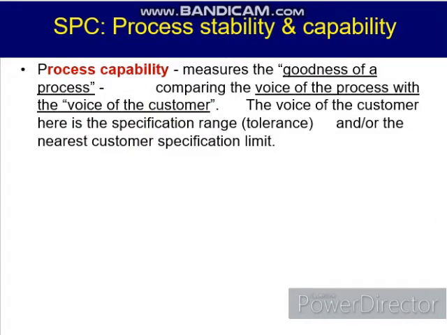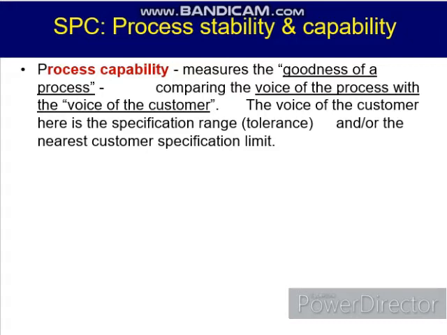Okay, so there are two components of SPC. One is process stability and the other is process capability. We have covered the process stability portion just now, so let's focus on process capability. Process capability is a measure of the goodness of the process. So how do you measure the goodness of the process?